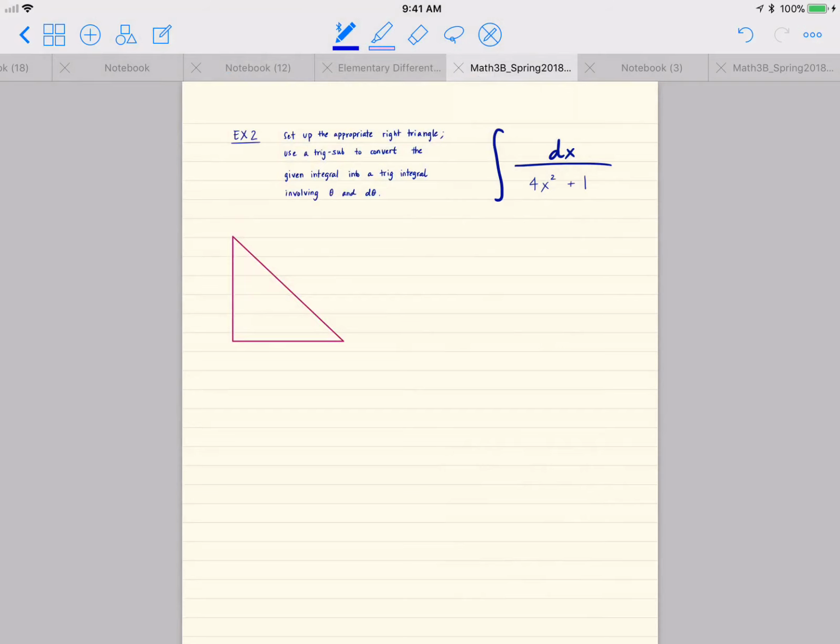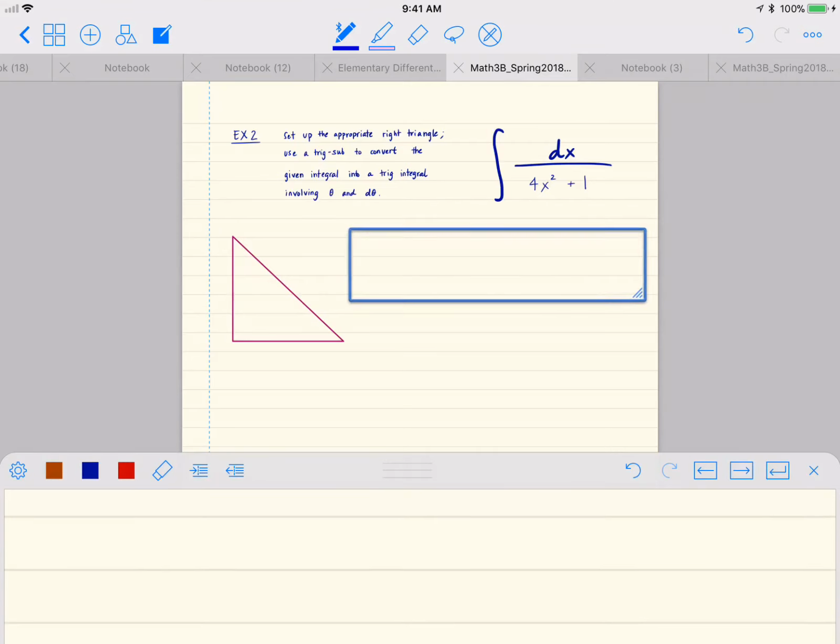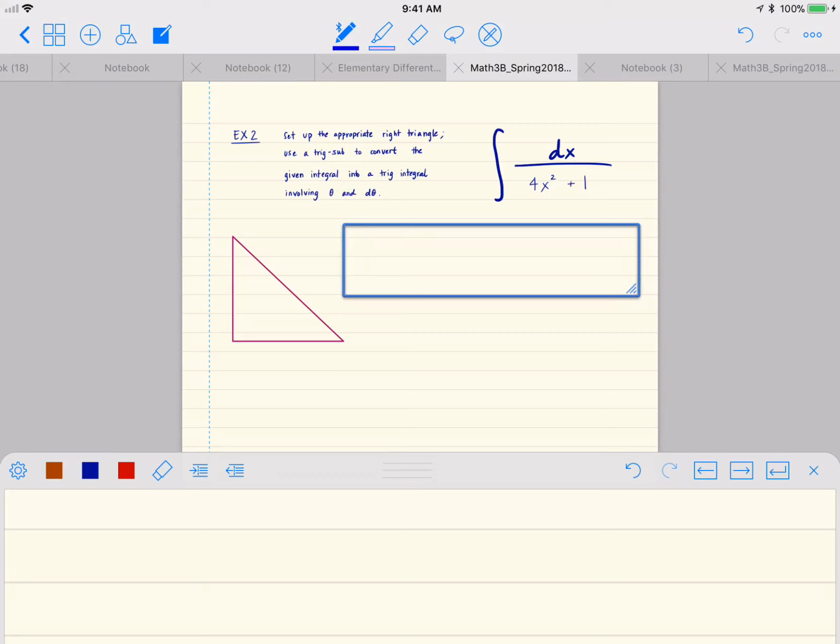You might be saying to yourself, hey, where's the square root? What happened to the square root? Well, here's where we can throw in a square root if we need one. We've got 1 over 1 plus 4x squared dx. This is what we're integrating.